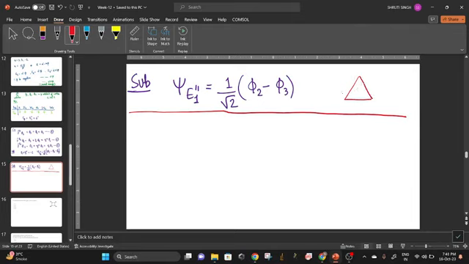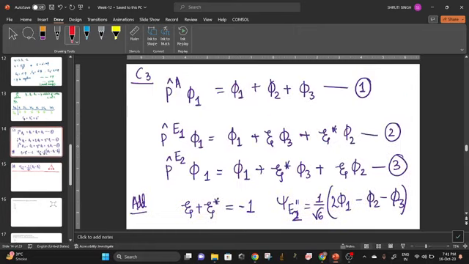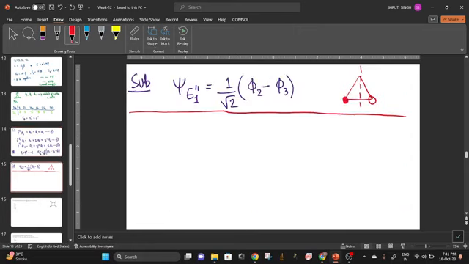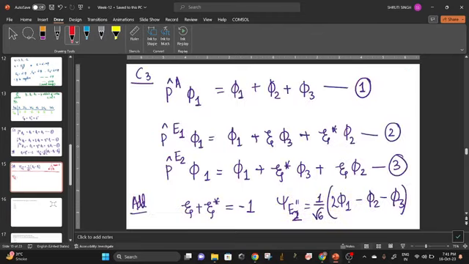Psi 2 is positive, there is nothing at psi 1, psi 2 is positive, psi 3 is negative, and there is one node here. Number of nodes equal to 1.